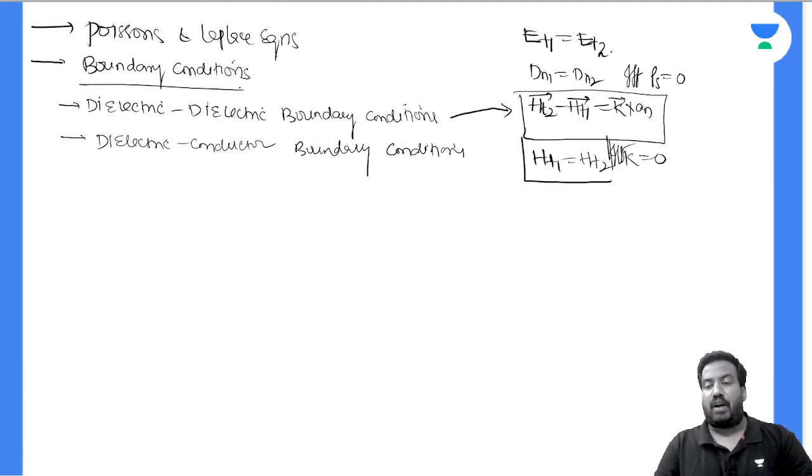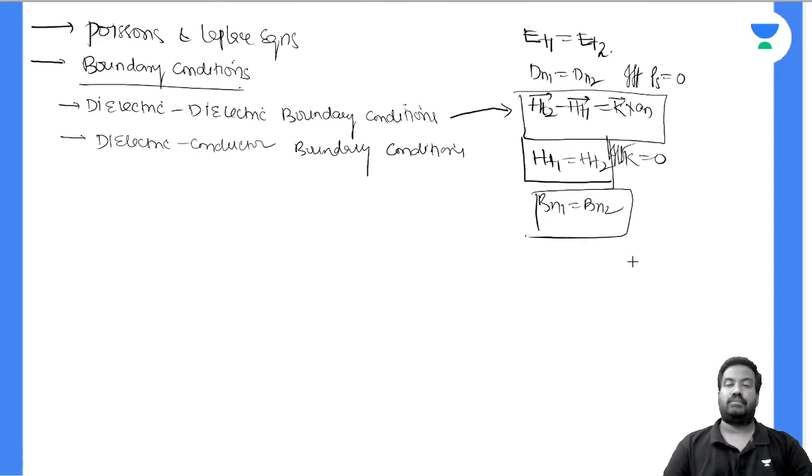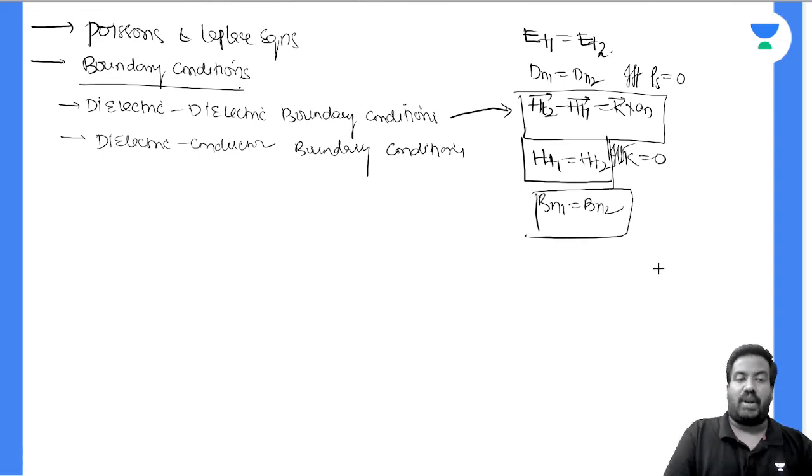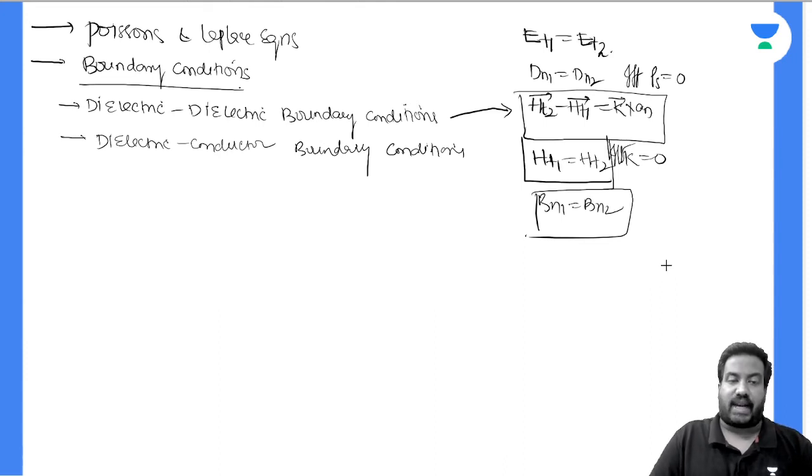Tangential component of magnetic field intensity is continuous across the boundary of discontinuity if and only if K is 0. Next, unconditionally continuous: B n1 is equal to B n2. The normal component of magnetic flux density is continuous across the boundary of discontinuity.